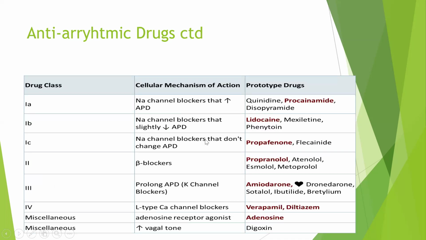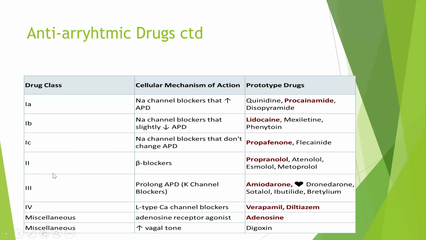Okay, so these are subdivisions of class 1, okay? Class 1A, remember that I said all class 1 agents are sodium channel blockers. All right, so we have class 1A, class 1B, class 1C. Okay, lidocaine is a class 1B, while procainamide, quinidine are class 1A. Quinidine is rarely used anymore, all right, because of so many adverse effects associated with it.